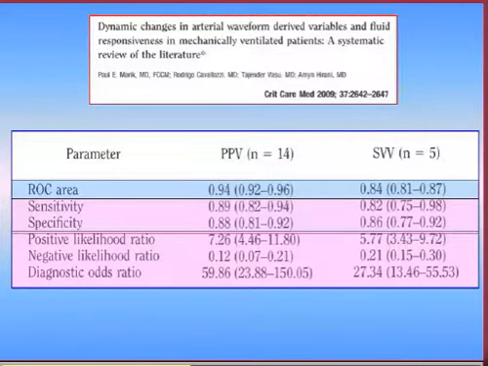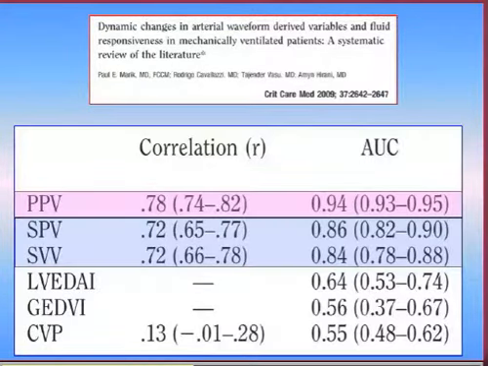The area under the ROC curve was very good for PPV, a little bit less good for SVV. In terms of diagnostic odds ratio, very good for PPV. And when we compare correlation and area under the curve of PPV, SVV, and SPV, which is systolic pressure variation, it was far better than correlation and area under the curve of static parameters.